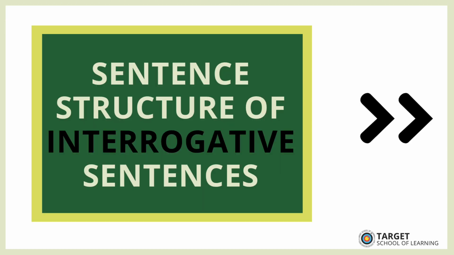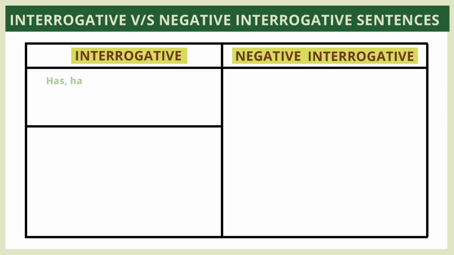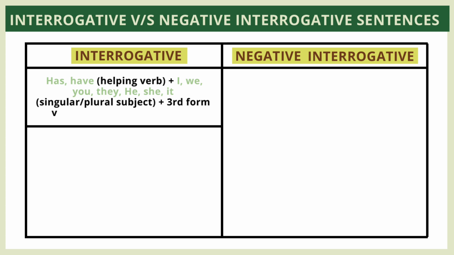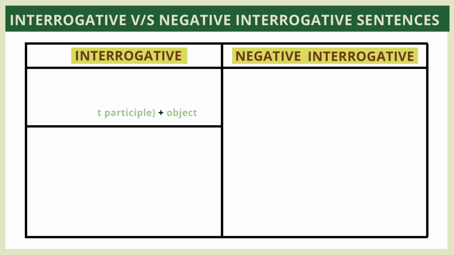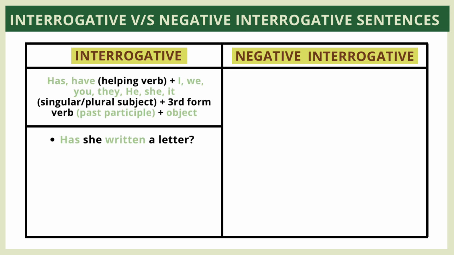Now, talking about interrogative sentences, sentences in which we ask questions. So, here we place the helping verb first, that is either has or have depending upon the subject, to be followed by subject, followed by third form of the verb or past participle, and the object at the end. For instance, has she written a letter?